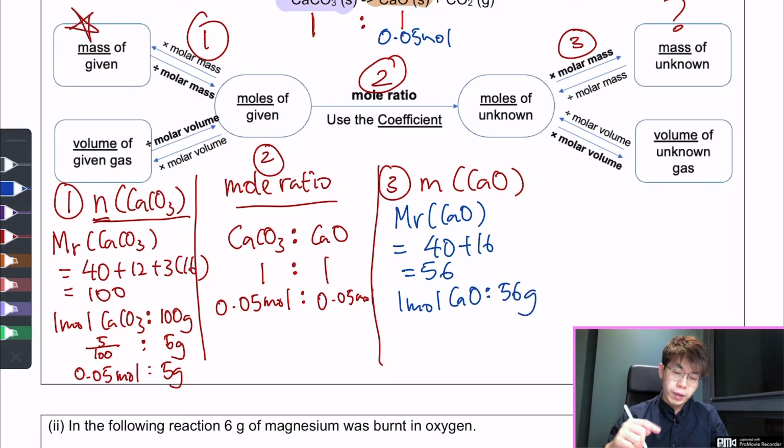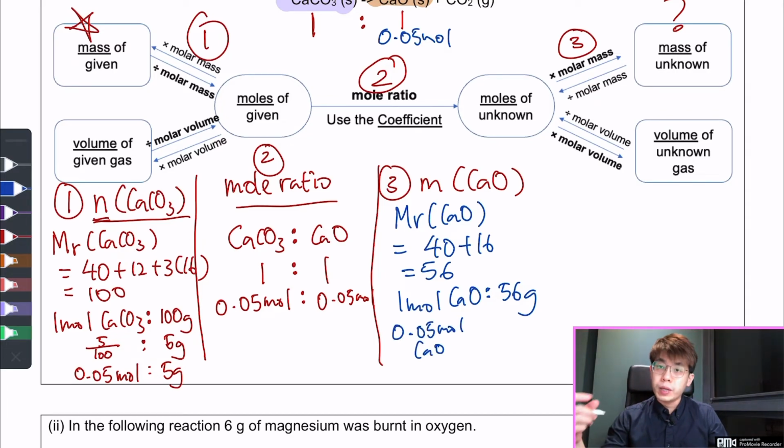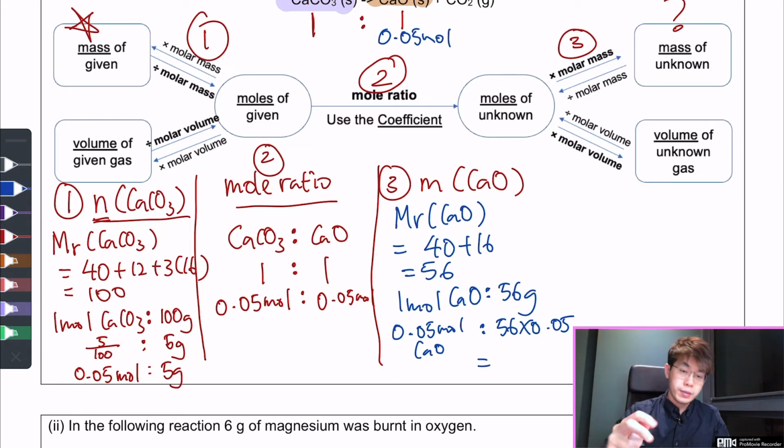So if 1 mole of calcium oxide is equivalent to 56 grams, now this question says that I have 0.05 moles of calcium oxide. How many grams would that be? That is equivalent to 56 times 0.05. Therefore the final answer based on my calculator will be 2.80 grams.